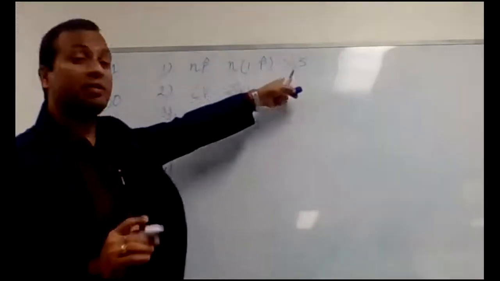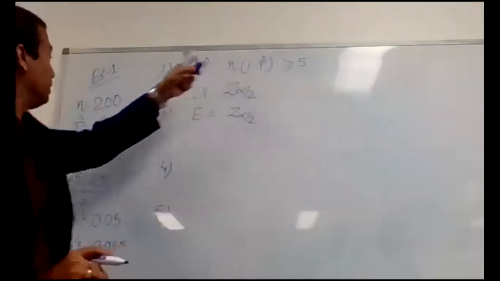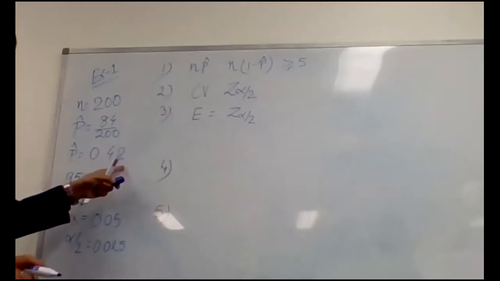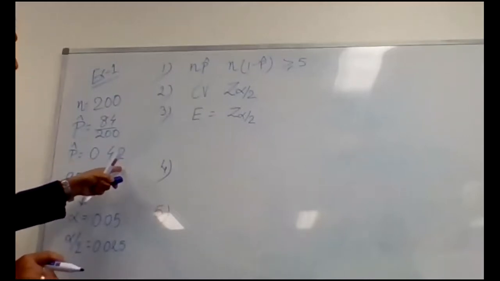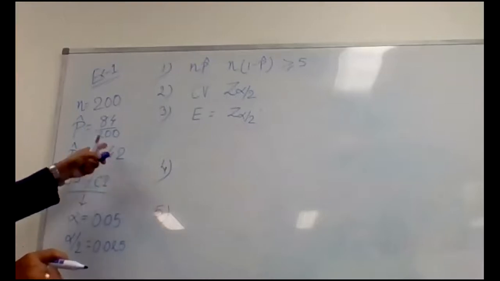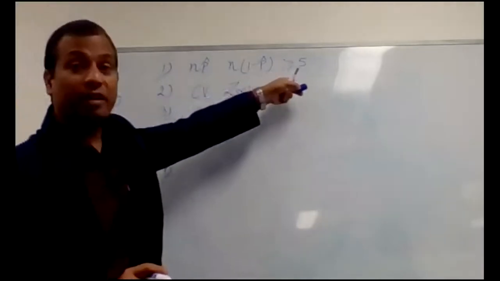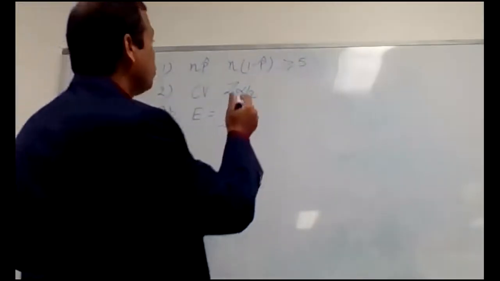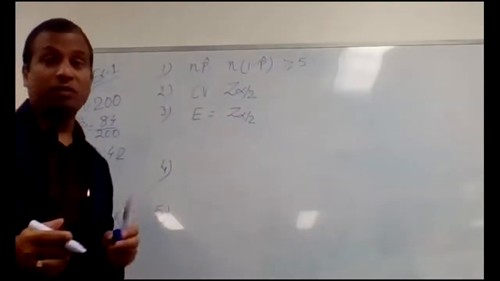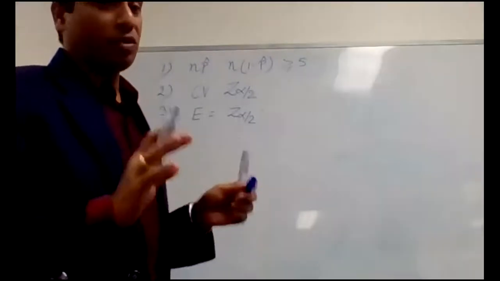Is 84 greater than 5? Yes. And n times 1 minus p hat, 200 into 0.58, that will be around 116. Greater than 5? Yes. So 116 and 84 are both greater than 5. The requirement is fulfilled.